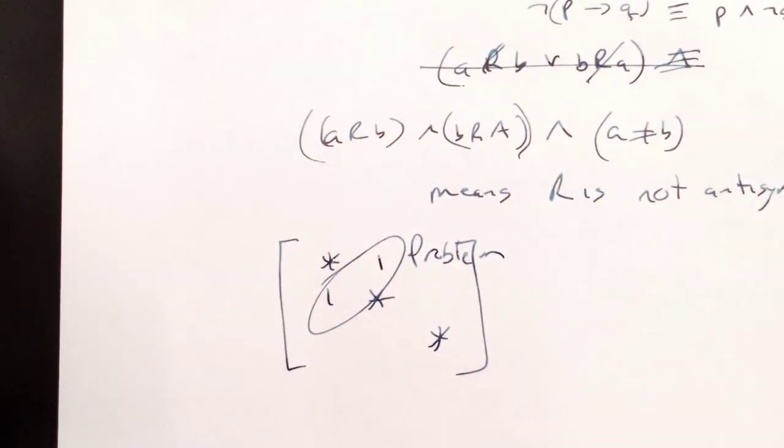If I have both zeros, I'm fine. The only way I break antisymmetry is when I have something that's symmetric. But it only has to be symmetric once. It doesn't have to be symmetric everywhere.